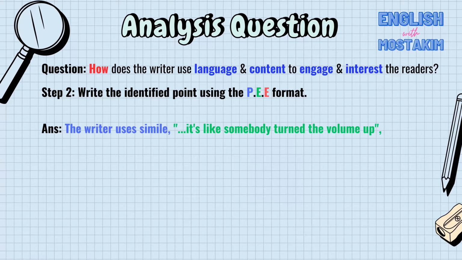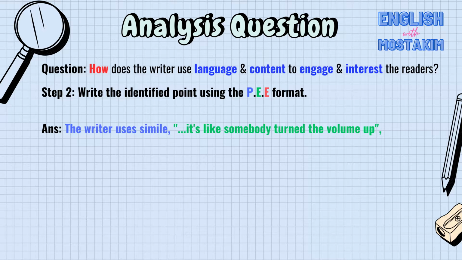We will do so by writing down the main part of the point we identified inside quotation marks. We can discard any unimportant part of the sentence if the sentence is too long using 3 dots or an ellipsis. And lastly, the most important part, we will answer the how part of the question.